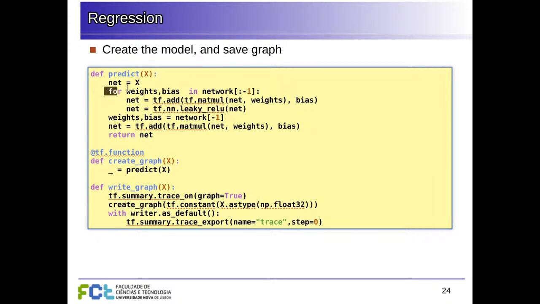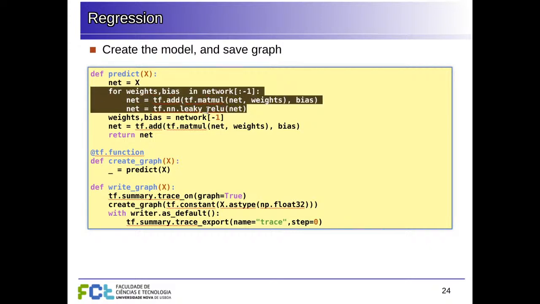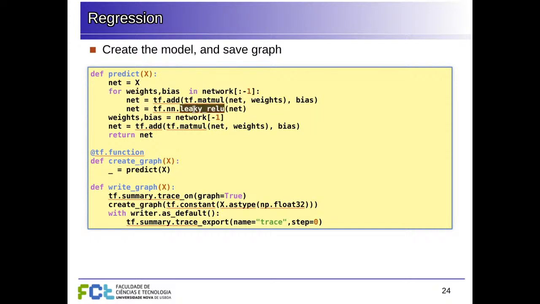So when I go to the second layer, I am now taking the output of the first layer as the input into the second layer, and I keep doing this until I reach the one before last. Not the last layer, but the one before last. Because in all of these, I'm going to use a leaky ReLU activation. Then when I reach the last layer, I'll just get the weights and bias for that one.